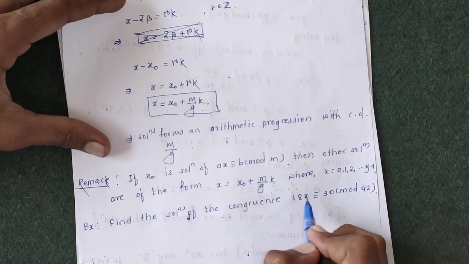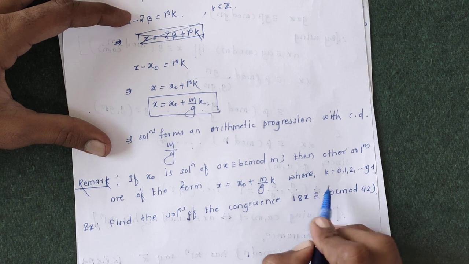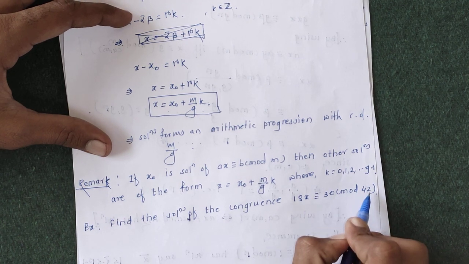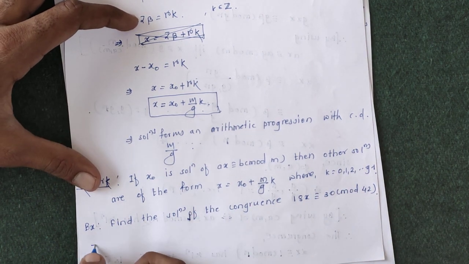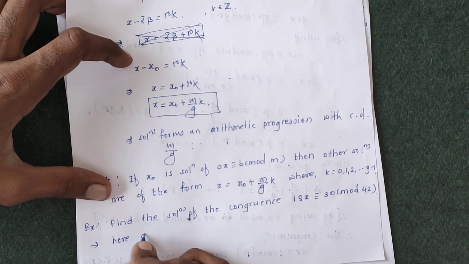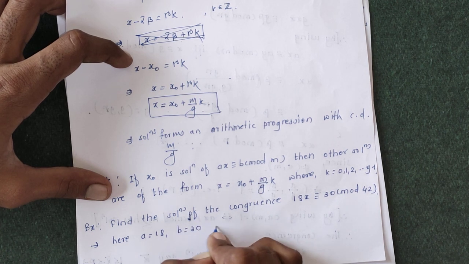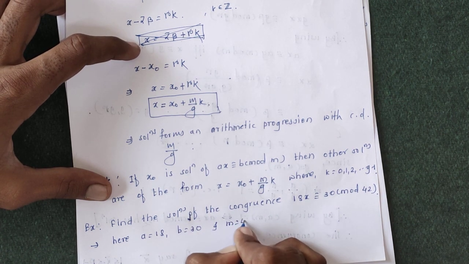Here we compare this congruence with ax is congruent to b under modulo m. So here we get a equals 18, b equals 30 and m equals 42.